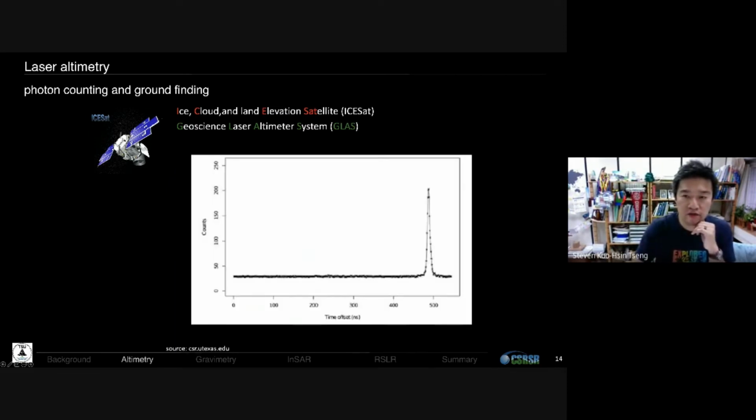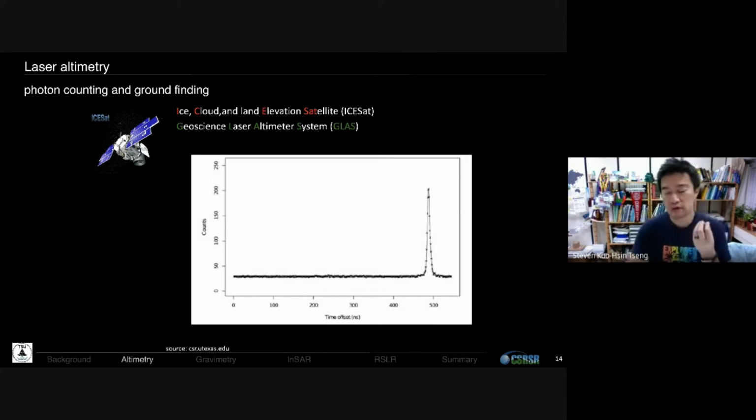Basically, if you have played around with LiDAR data, you know there are several strategies to analyze the data. It depends on the equipment, whether it's a full waveform LiDAR or it has a photon counting system. So some LiDAR data doesn't really provide the full waveform, but it gives you some layers with the highest or the densest photon returns. So the waveform analysis is similar to radar waveform.